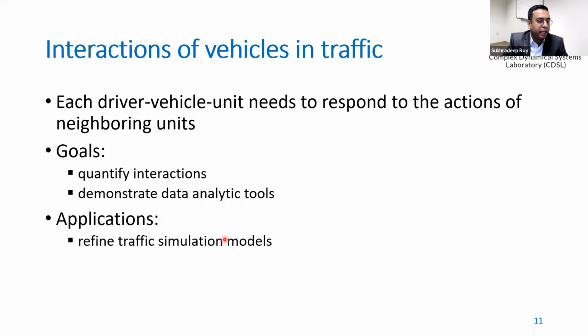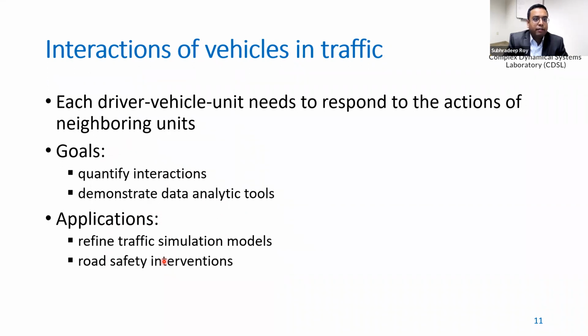We can identify the true driving behavior once we quantify interactions, and thus refine these simulation models. These simulation models then can be applied for a given city with a large number of vehicles to see how traffic congestion emerges, and that can inform us about infrastructure decisions and policymaking.